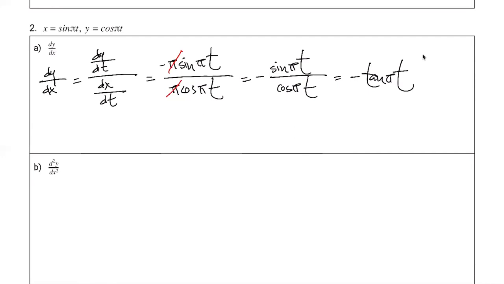Now, why would I take it all the way down to tangent? Simple answer, if I leave it like this, I'm going to need quotient rule. I don't really want to do quotient rule. If I reduce it to tangent, I just need to use chain rule. Okay, so that's my reasoning behind simplifying as far as I did.